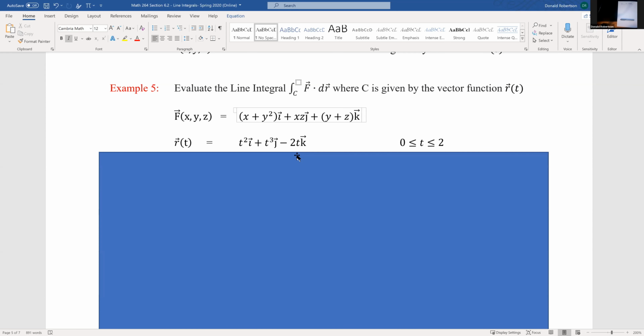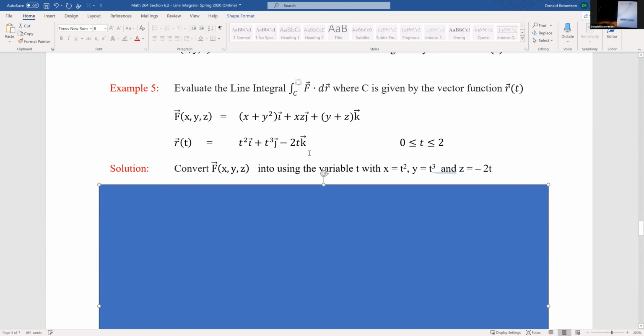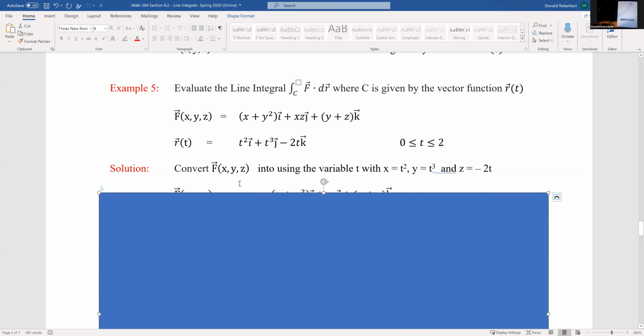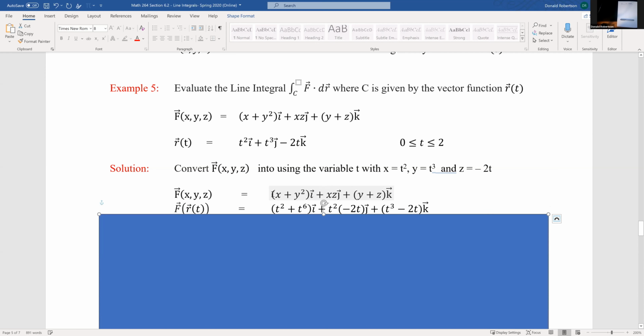So I could have told you that by saying the parametric equation of the curve C is x equals t squared, y equals t cubed, and z equals negative 2t. But in this format, it works better in context. So I'm going to convert this into t's, and we're going to keep it in its vector notation.